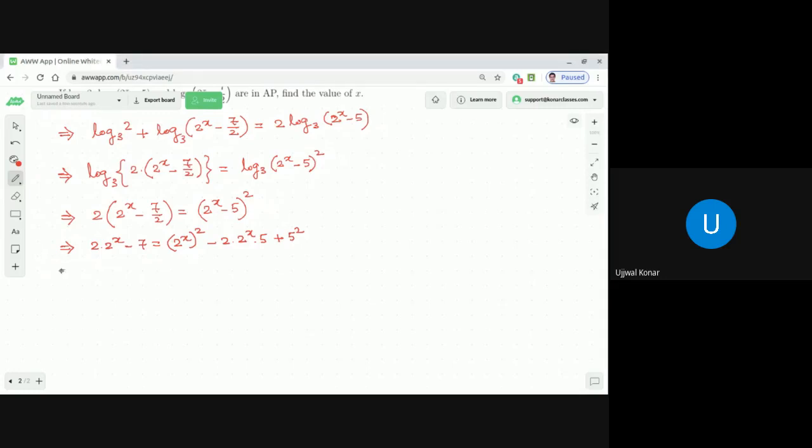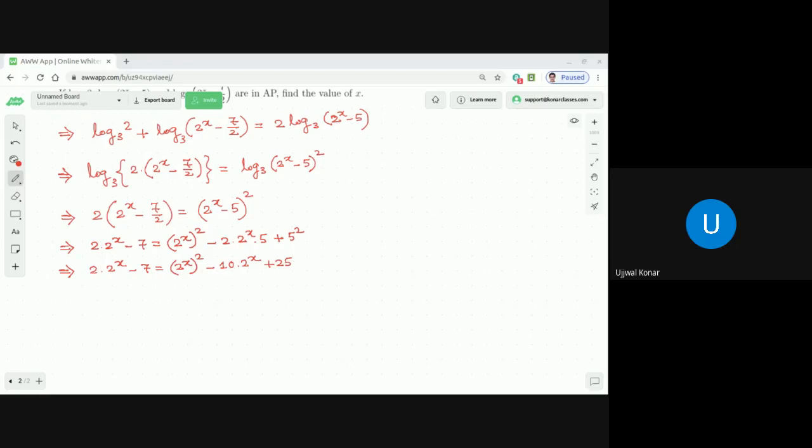So from here what we get, dear students? 2 into 2 to the power x minus 7 is equal to 2 to the power x whole square minus 10 into 2 to the power x plus 25.